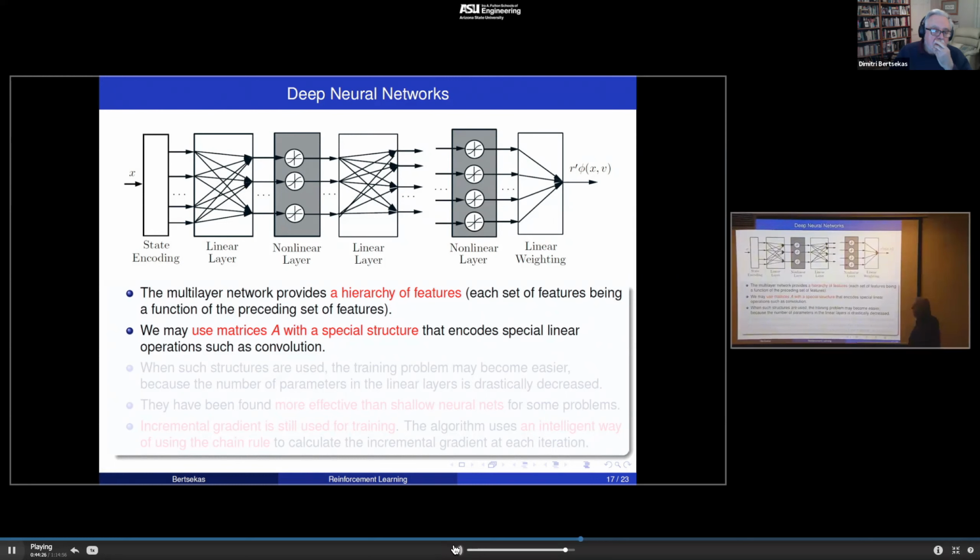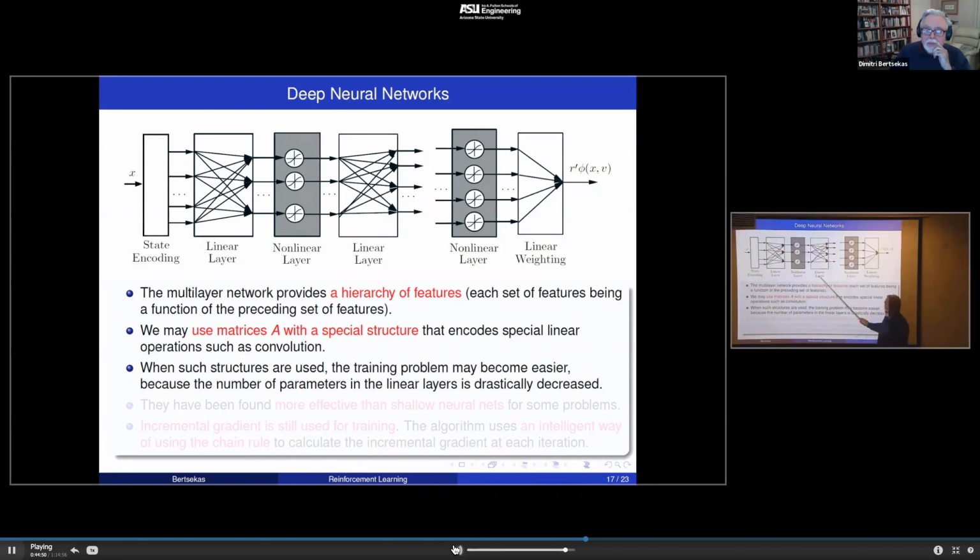And the upshot of all this is that if you're able to design this deep neural network and specialize it to your problem, then it may become easier to solve this training problem because the number of parameters in the linear layers may be drastically decreased. In other words, if you use 10 layers here, you may need overall fewer parameters than if we were to use a single layer with many, many parameters. Because this is more sophisticated, basically.